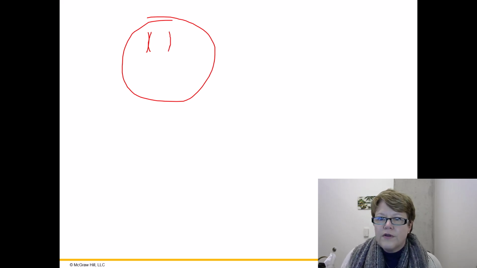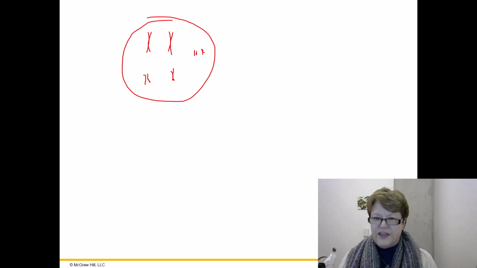There's the homologous pair of long chromosomes, and then here's the medium chromosomes, maybe 2 of those. I'm showing dyads. And then the small chromosomes. So two of each chromosome, I'm showing the dyad form.